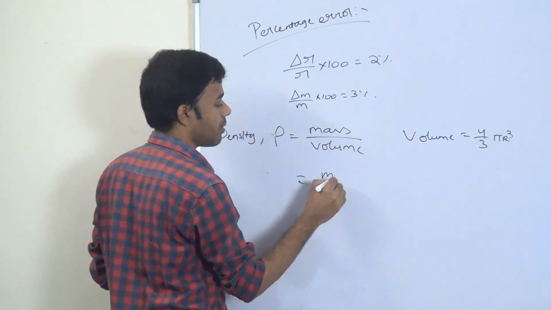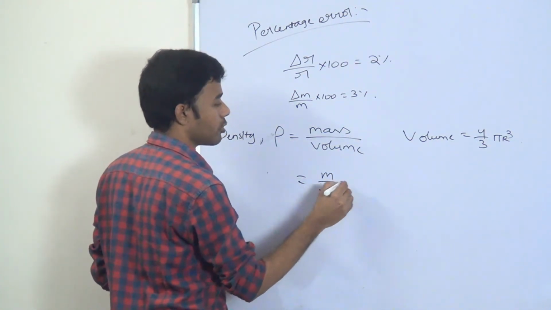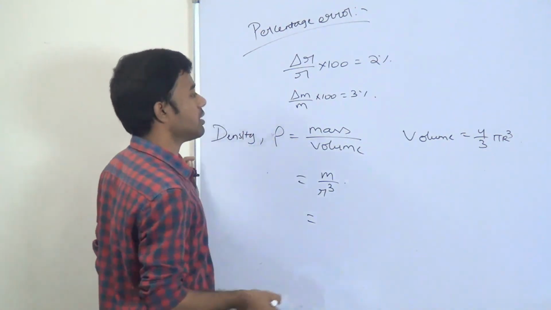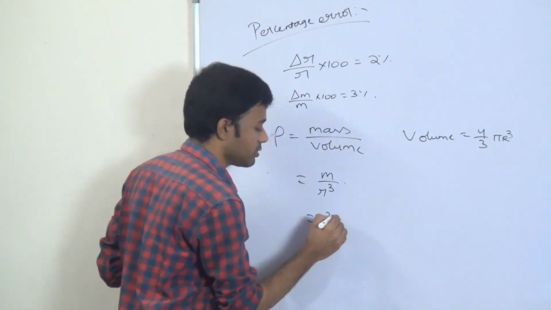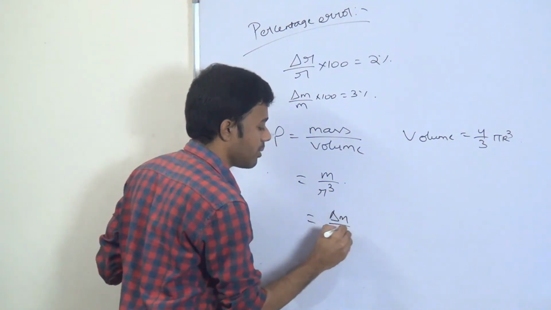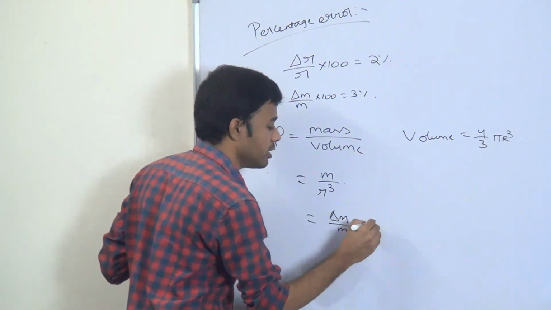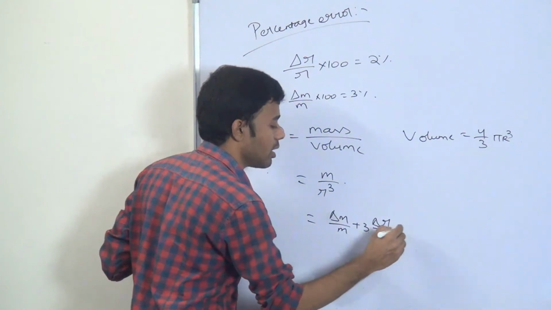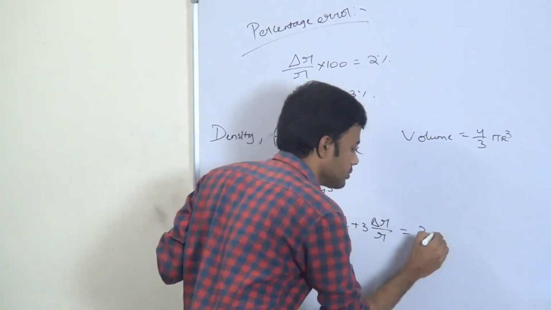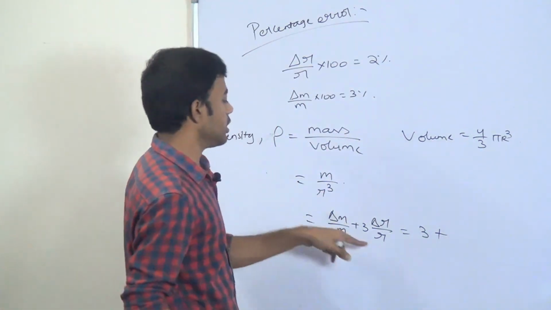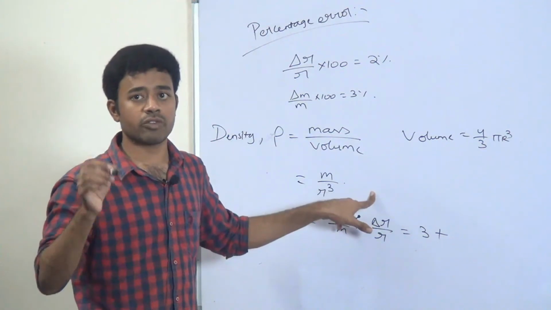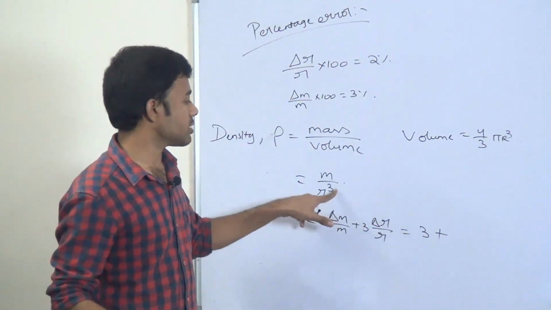So here it is m by r cube. Delta m by m has 3% plus 3 into delta r by r, because as we have written, if any physical quantity is indicated in terms of powers, you have to write like this.